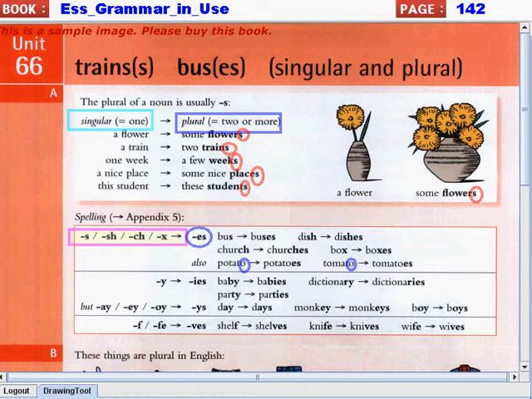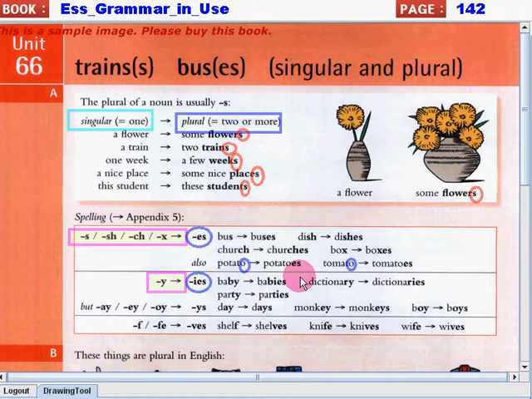Now let's go on. If the noun ends with Y, then we have to remove Y and change it into IES. For example, baby, babies. Party, parties. Dictionary, dictionaries.